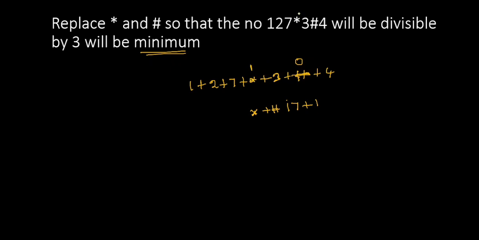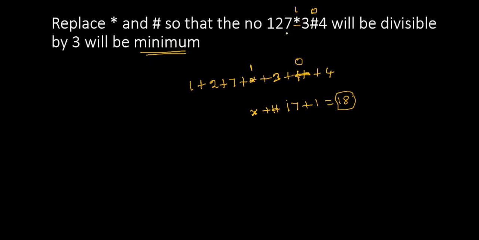Star is actually in an advanced position. So, when I replace star by 1 and hash by 0, then it will be the biggest number. Okay, but my question is it has to be a minimum number. The question should be minimum. Now, the number should be minimum.